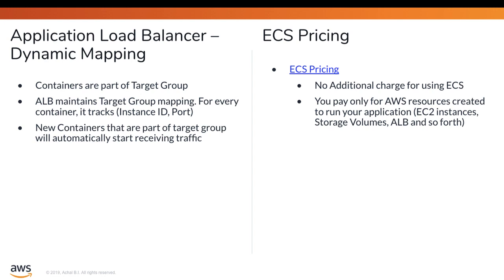So basically, the containers would be part of a target group within the application load balancer. Application load balancer maintains the target group mapping for every container it tracks. So the new containers that are part of the target group will automatically start receiving the traffic.